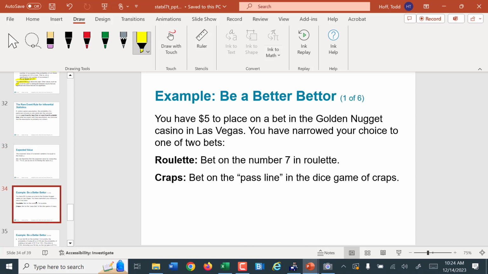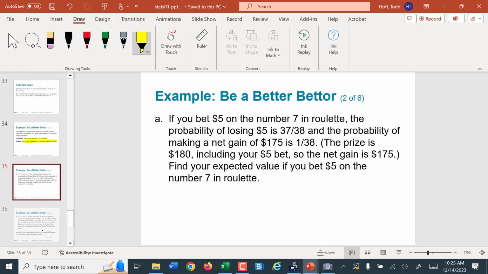So for example, let's say we're looking at betting $5 in Las Vegas at a casino. Do we want to bet 7 on a roulette wheel? Or do we want to bet the pass line in a game of craps?